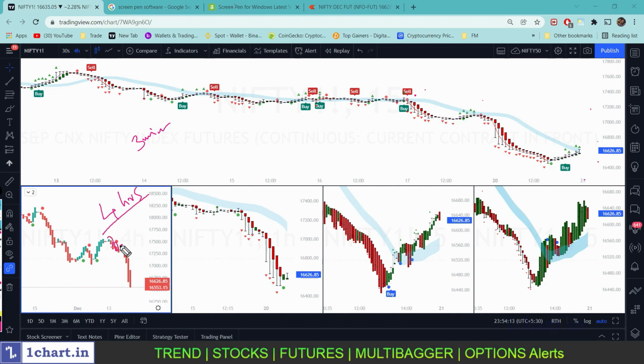This is 4-hour candle. Every 4-hour candle is falling down. 1 hour also falling down. In 1 hour, the wick is continuously falling. No reversal. Today, in the last 1 hour, a pullback happened.